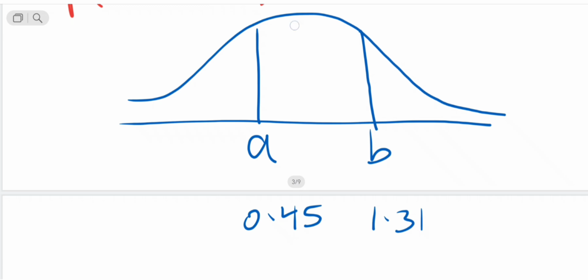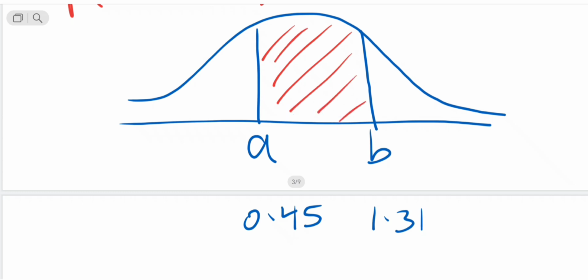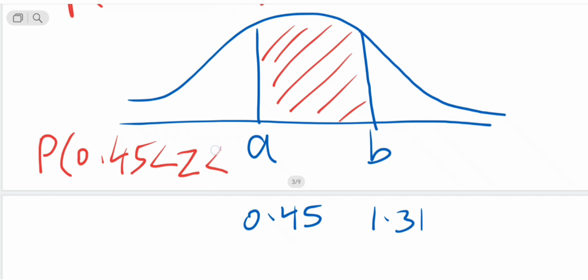So they are asking you to find the probability of this one. Sometimes they will give you a graph, or sometimes they will ask you directly like that: find the probability 0.45 less than z less than 1.31. So how to find it?